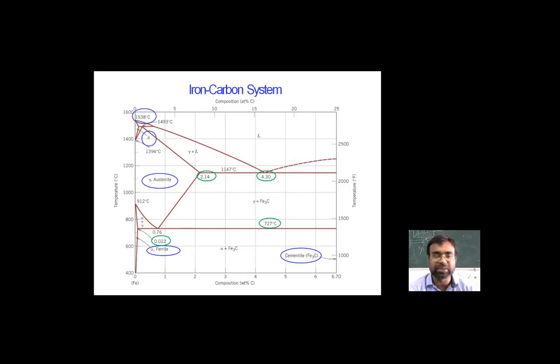As you can see in this figure, the combinations show alpha ferrite, gamma ferrite and delta ferrite. These are all the constituents of the iron carbon system.